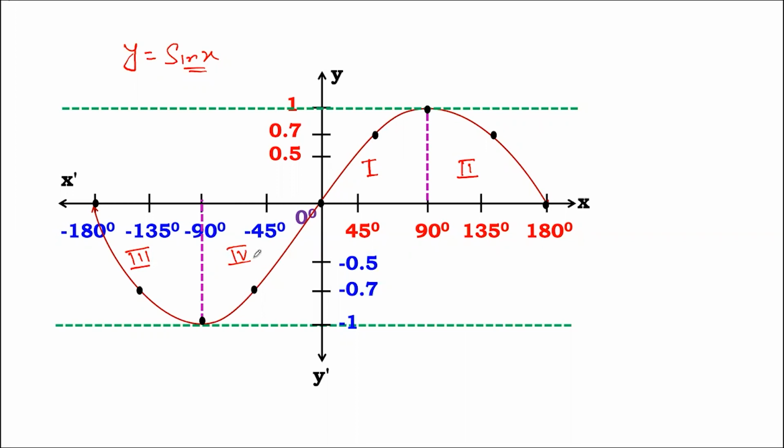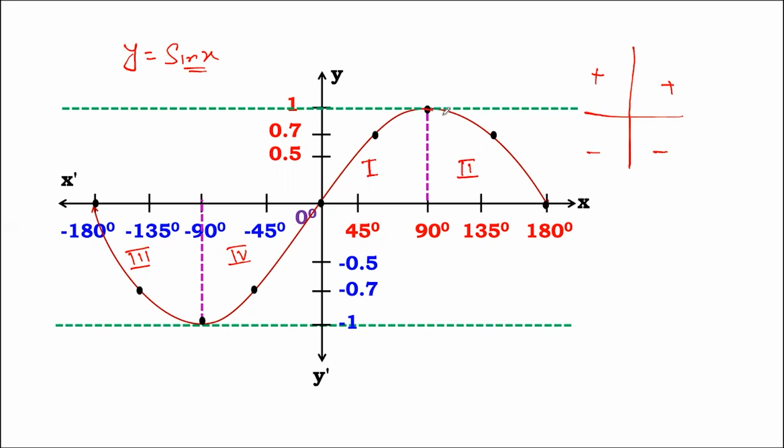Either we can go with 0, 90, 180, 270 and 360, or minus 180 to minus 90 will be the third quadrant, minus 90 to 0 will be the fourth quadrant, positive 0 to 90 the first quadrant, and the second quadrant is 90 to 180. See, sine is positive in the first and second quadrant, and negative in the third and fourth quadrant.